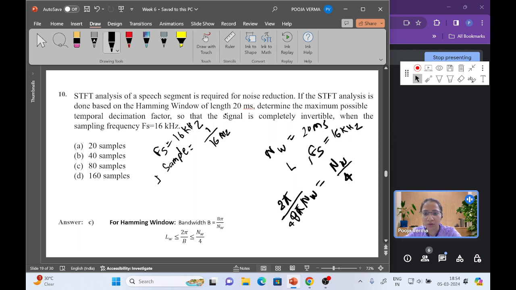And in order to find out for 20 milliseconds, or for 1 millisecond, 1 by 16 kilohertz... no, we can't find it like this.